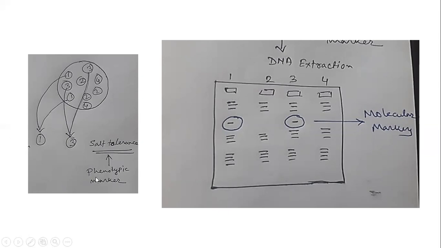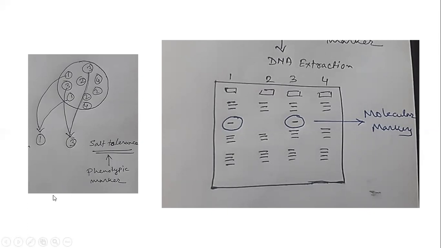Now we are searching for the salt tolerance property of the plant, and we found that in a natural condition, plant 1 and plant 3 show the salt tolerance property, and they are relatively more salt tolerant than the other plants, and this salt tolerance is acting as the phenotypic marker.